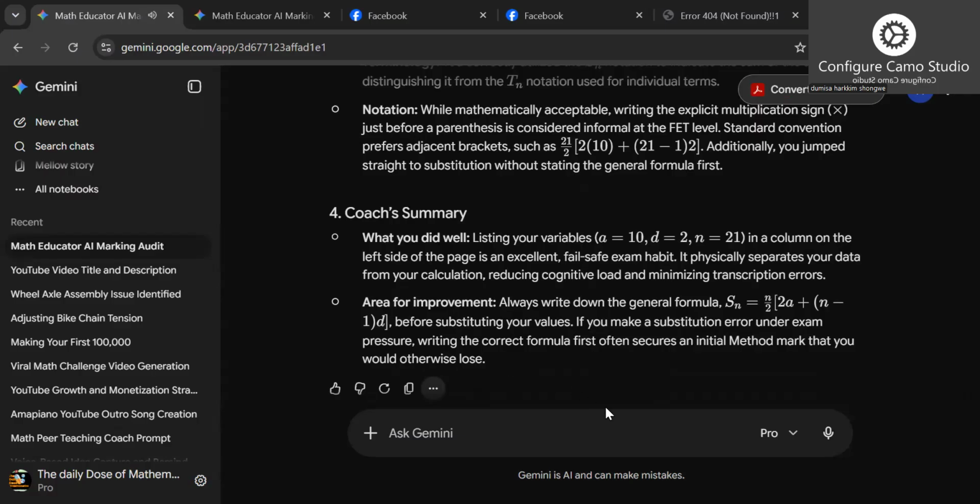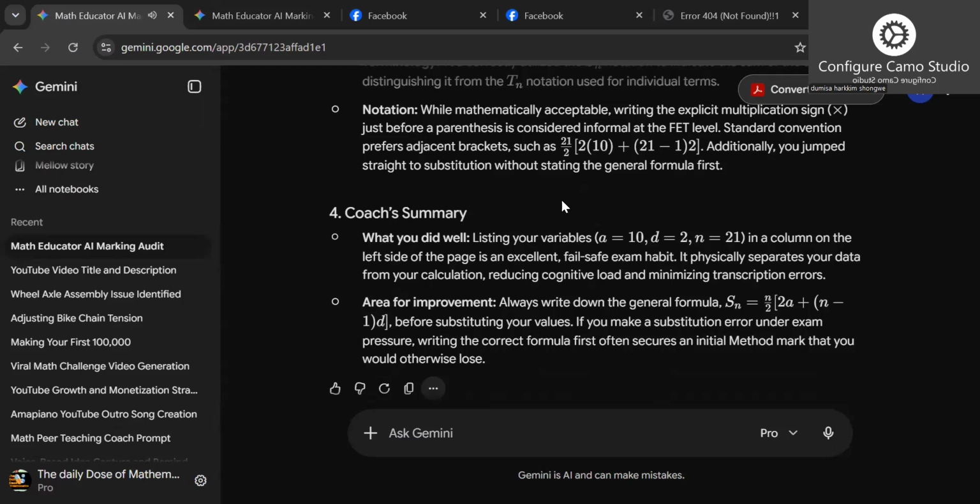CAPS marking audit. Total marks awarded, 3 out of 3. 1. Marking breakdown. Step. Working shown. Mark allocation. Justification. Formula selection and substitution. S_21 equals 21 over 2 times (2 times 10 plus (21 minus 1) times 2).